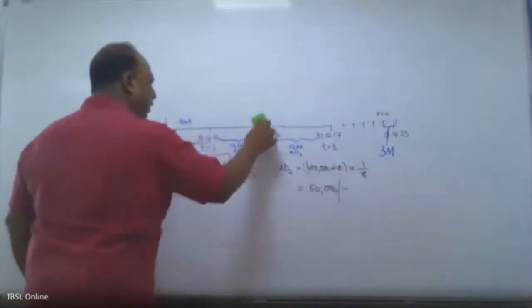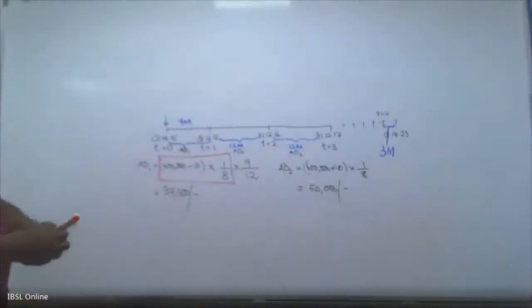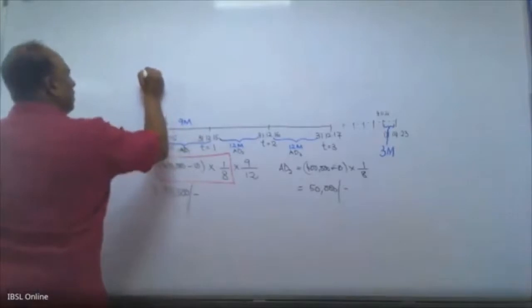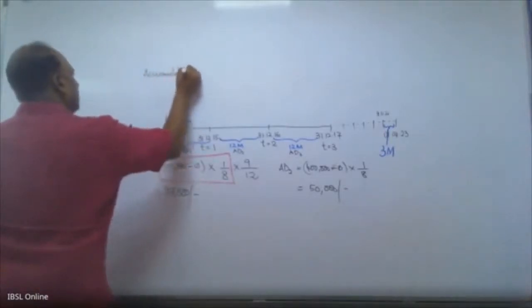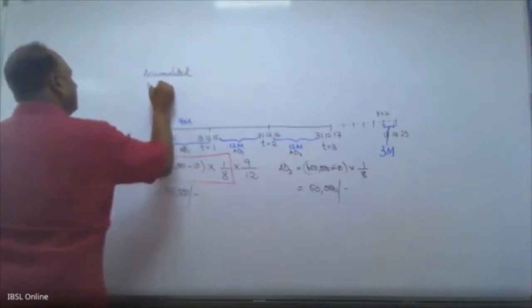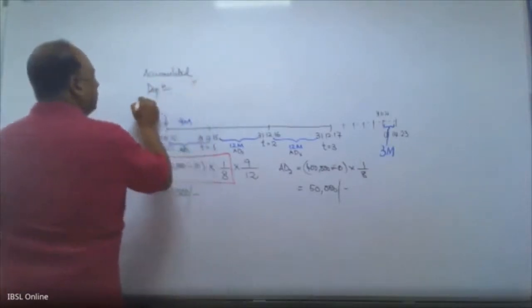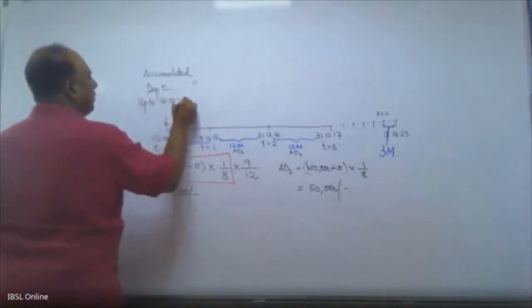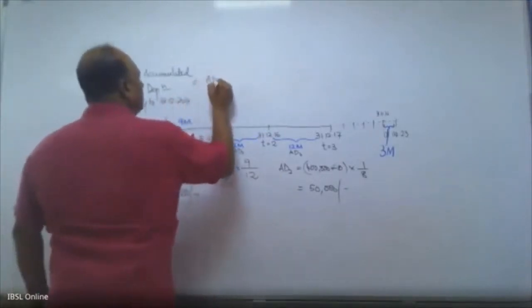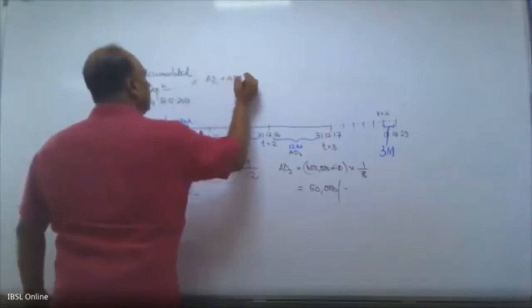Accumulated depreciation up to 31/12/2070 will be AD1 plus AD2 plus AD3.